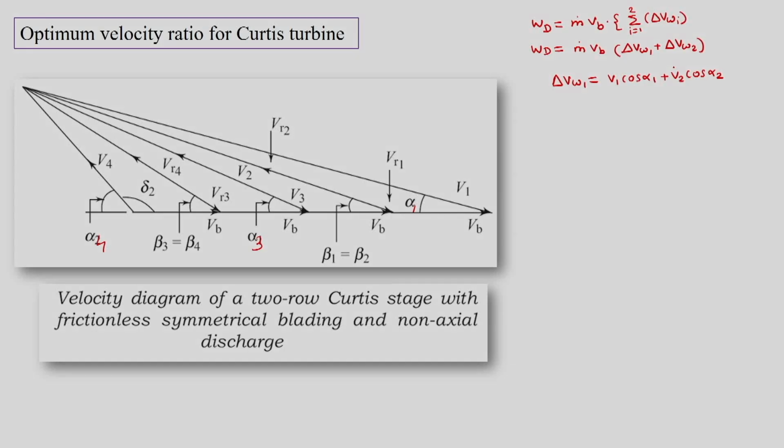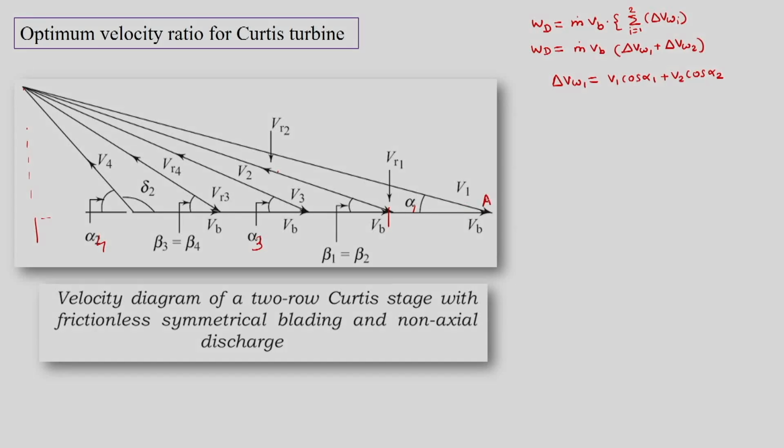V2 cos alpha 2 is this part for us, this is V2. So V2 cos alpha 2 is practically this length from here to here.